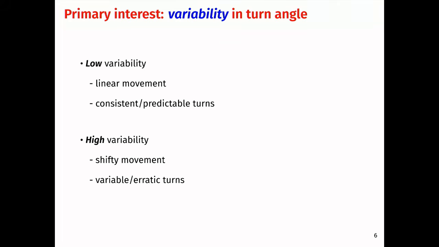Versus when we have high variability, this may be associated with shifty movement and the ability to make variable and erratic turns. This may reveal an athletic trait that can be useful from a player performance evaluation standpoint. That's the whole motivation for looking at the variability in change of direction.